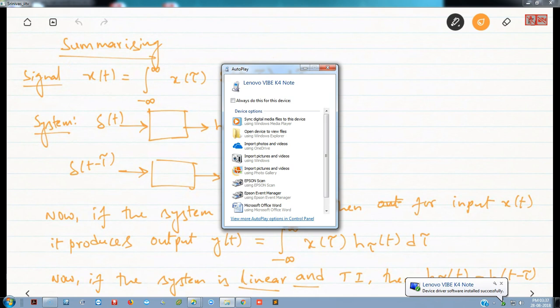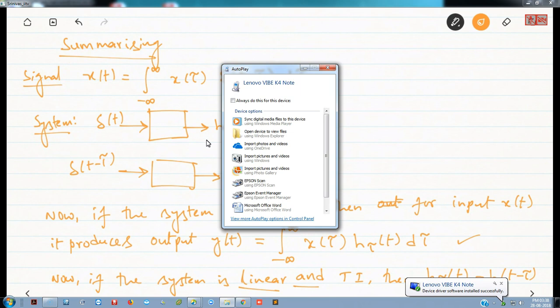So if the system is linear, the output will be this integral of x of tau, h tau of t, d tau. But if the system is also time invariant, then h tau of t becomes h of t minus tau. Why?